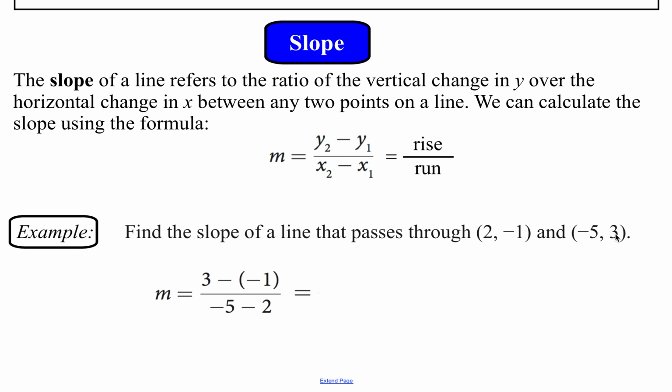If I start with 3 on the top, I must start with negative 5 on the bottom. So if I start with this coordinate first, I have to start with this coordinate first. And that says negative 5 minus a positive 2. So 3 minus a minus 1 is a 3 plus 1. That gives us a 4 over negative 7, which is a negative 4/7 slope.